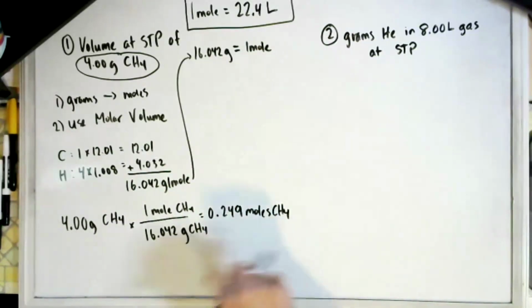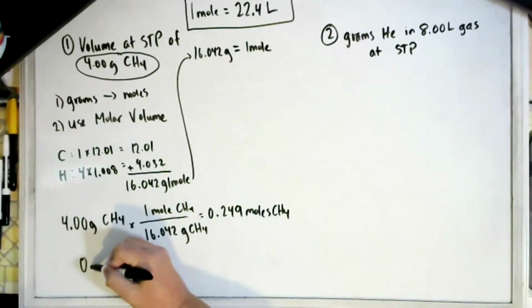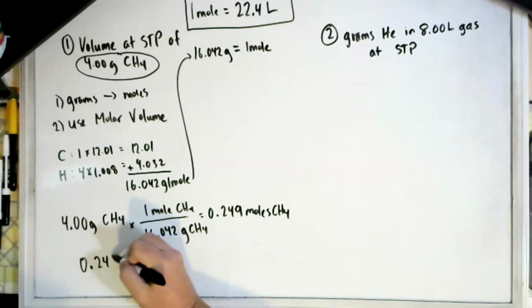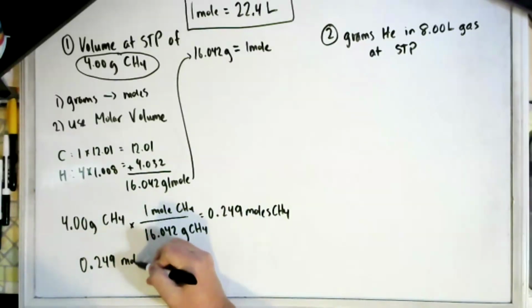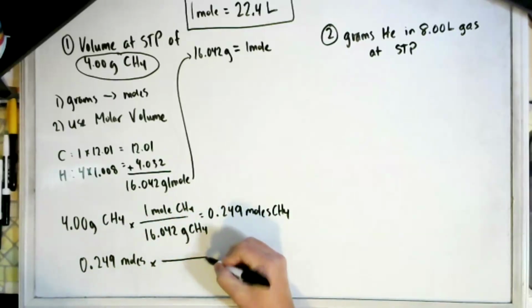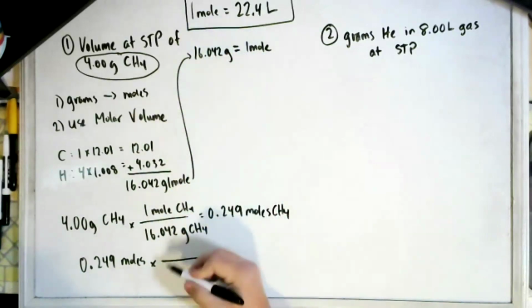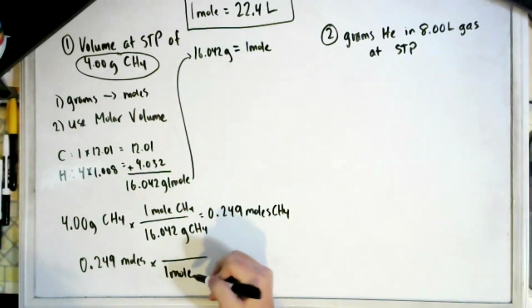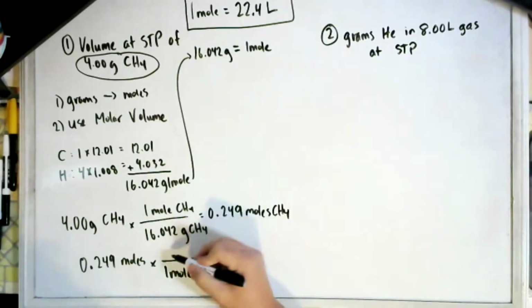Now that I have my CH4 in moles, now I can use my molar volume. Because I have my mole value and I know that my molar volume says that every 1 mole is going to be 22.4 liters.